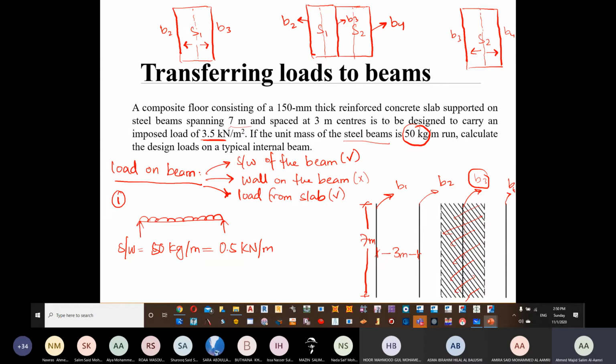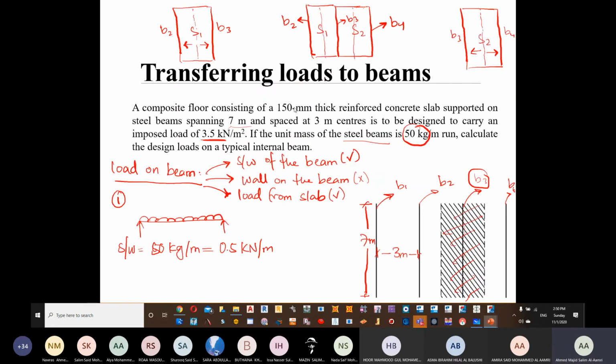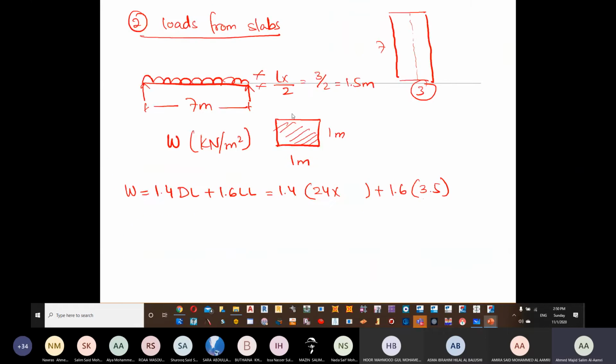Now I have already taught you how to calculate the self weight of the slab. So we have 24 multiplied by the thickness. The thickness has been given as 150, so we need to divide it by 1000. So it's going to be 24 into 0.15.